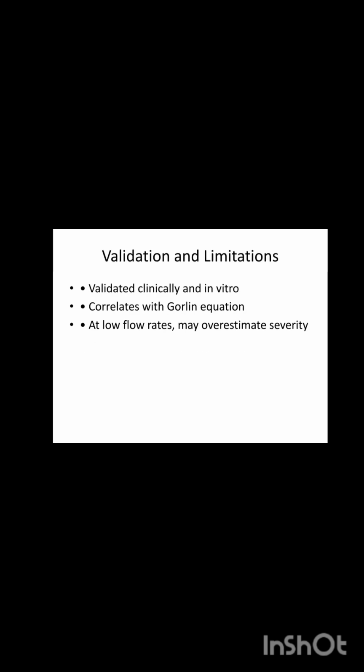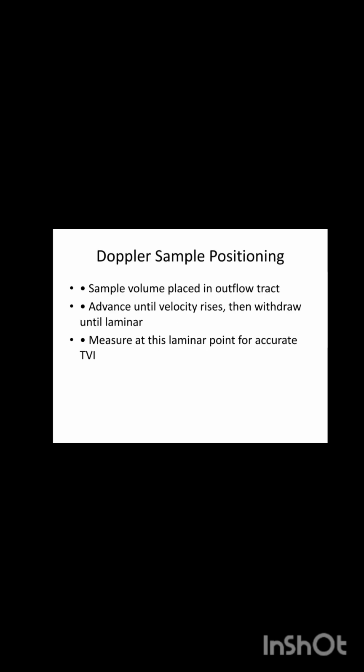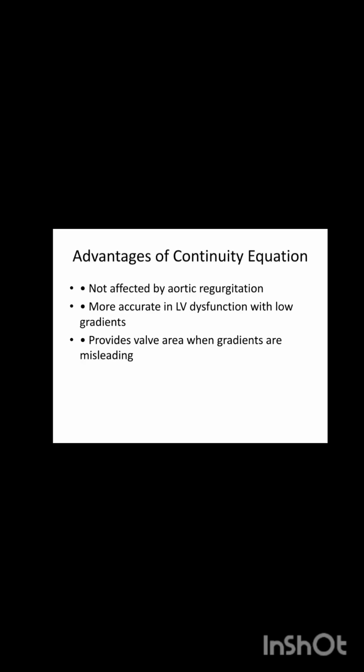Validation and limitations: validated clinically and in vitro in laboratories, correlating with Gorlin equations; at low flow rates it may overestimate the severity. For Doppler sample positioning, the sample volume is placed in the outflow tract, advanced until the velocity rises, then withdrawn until the flow is laminar. Measure at these laminar points for accurate time velocity integrals.